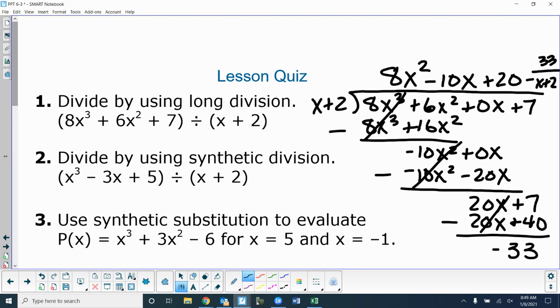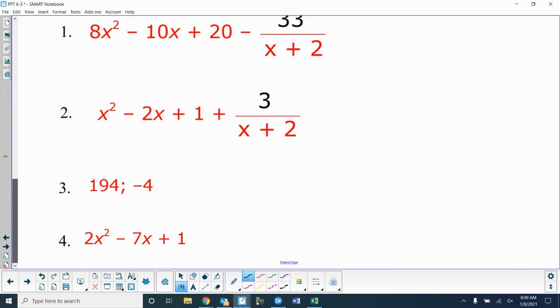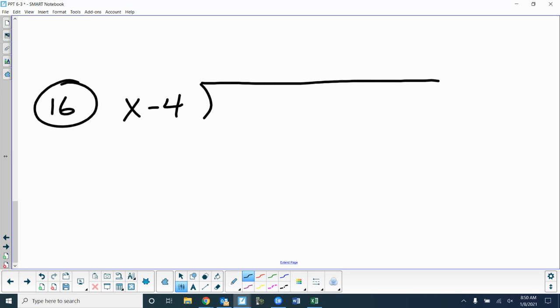Let's look at 16 just for another practice. That was the bigger one. So I'm dividing by x minus 4. Work that out here. And it starts out as x to the 4th, so I have to make sure there's an x cubed, an x squared, an x, and a constant.